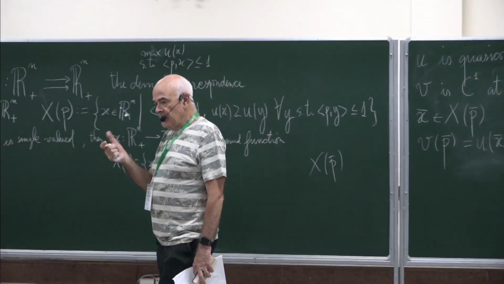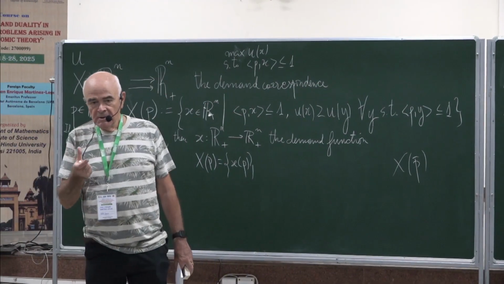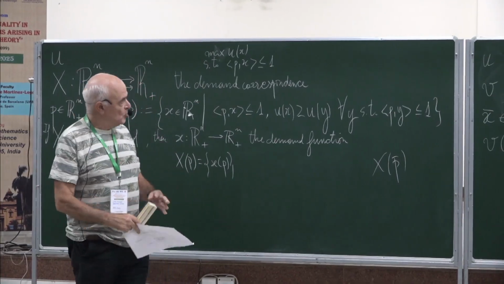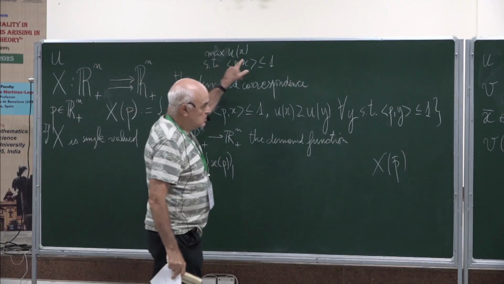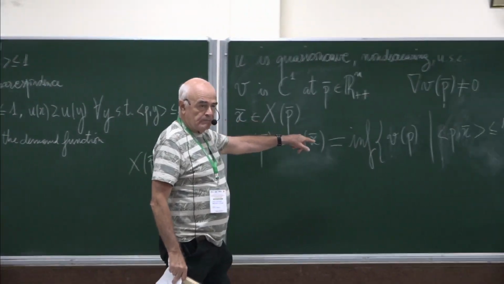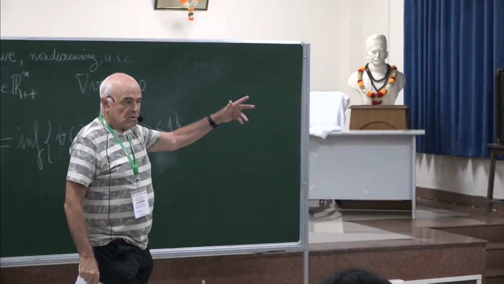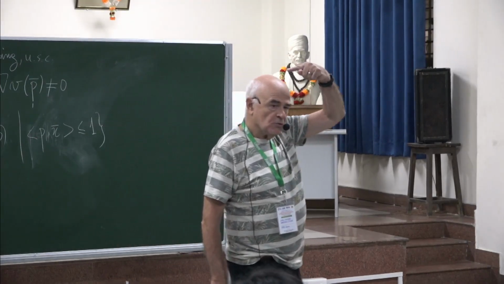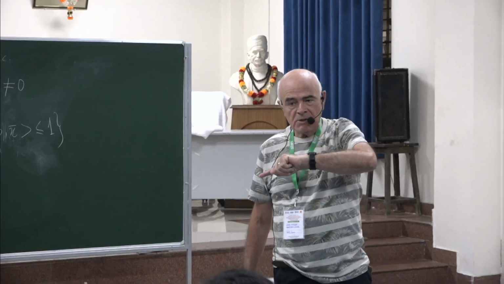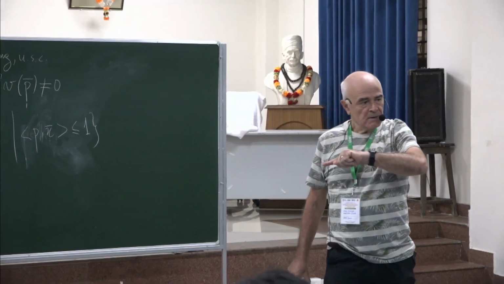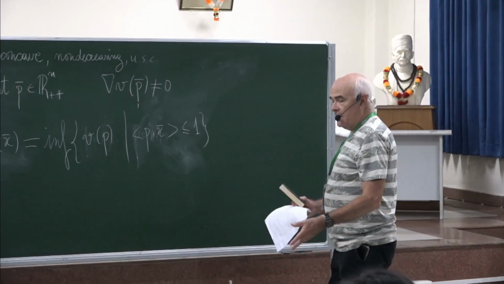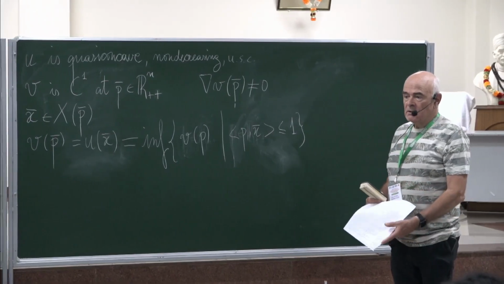So we have a pair, X bar, P bar. And we have two optimization problems, one involving U, another one involving V. Then X bar is a solution of one problem if and only if P bar is a solution of the other problem. And this is the whole idea of the proof.